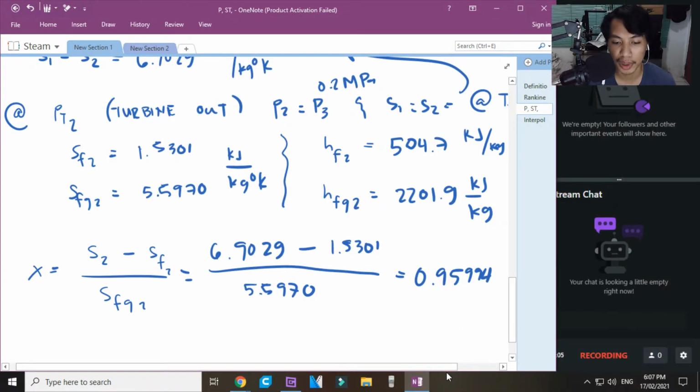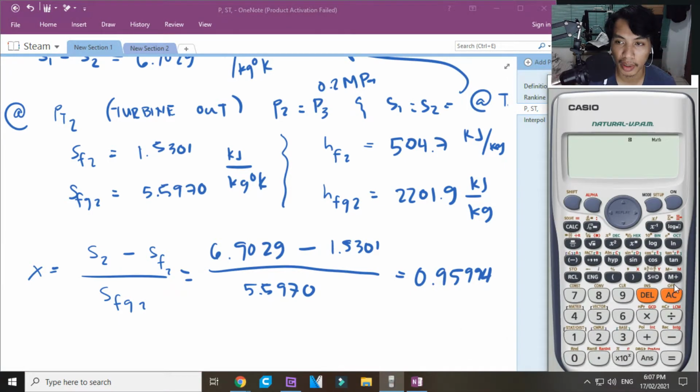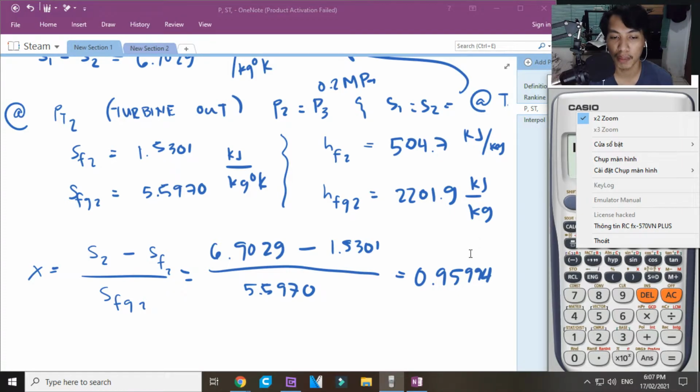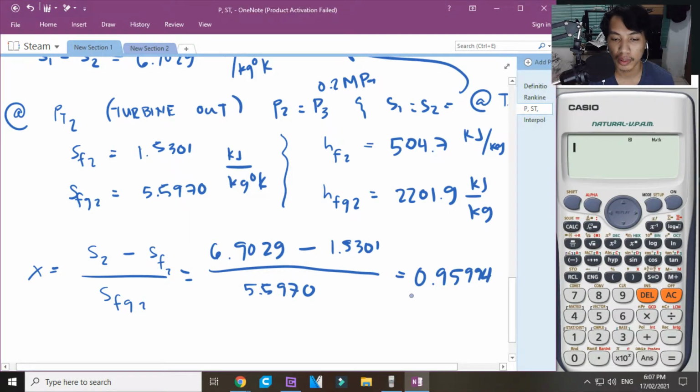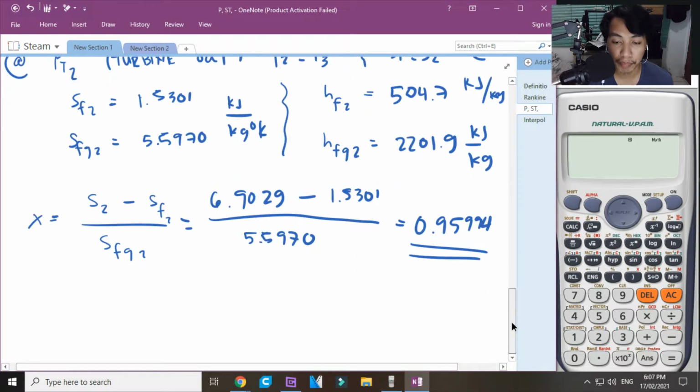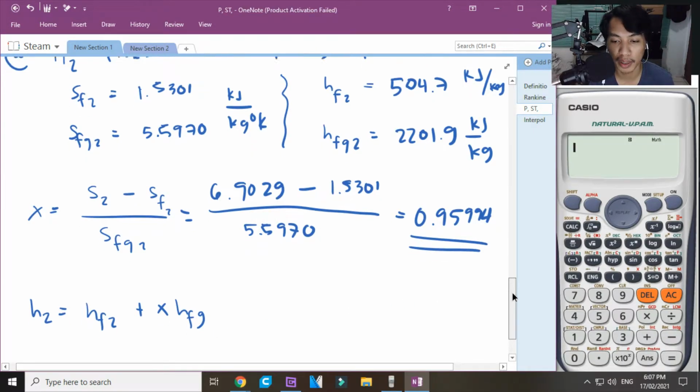Yan, magko-close ulit siya. Okay. Huwag natin store. Baka magkamali-mali pa tayo. So, you can now get for the value of H2. Di ba tinuro ko sa inyo, that H2 will be equal to HF2 plus X HFG. Oh, yan, masolve natin.